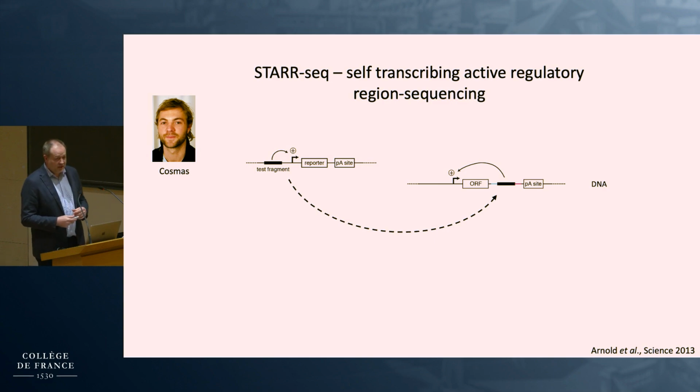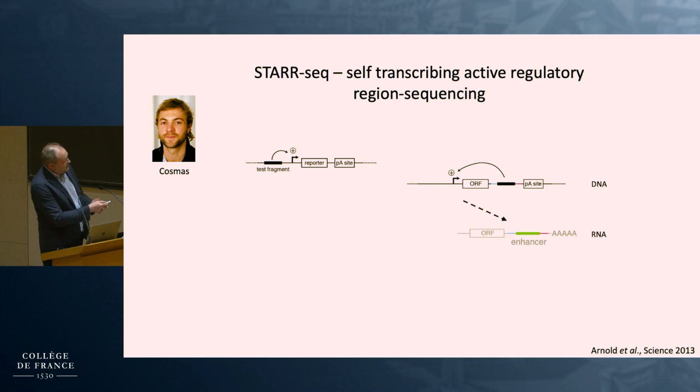And this is STARR-seq, a genome-wide enhancer activity assay developed by Cosmas Arnold when he was a PhD student in the lab, where the key insight of the method was to move the enhancer candidate from this position upstream of the promoter to a position inside the transcribed region, so essentially into the 3' UTR of the promoter's reporter gene, such that active enhancers would essentially stimulate their own transcription, and we could measure enhancer activity by the levels at which we could recover enhancer RNA among the cellular RNA.